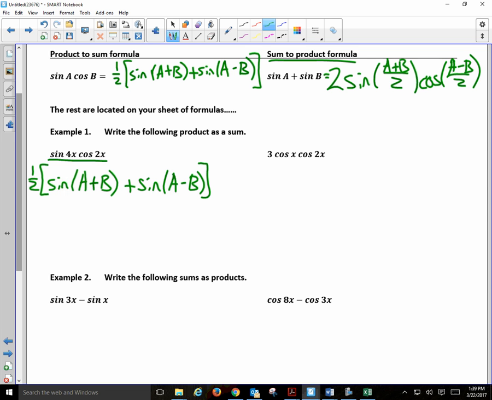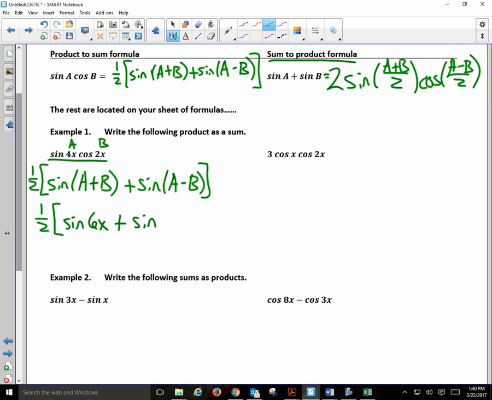Well, in this problem, what's A? 4x. What's B? 2x. So it's written as a product. I could write it as a sum by going 1/2 times, what's 4x plus 2x? 6x.